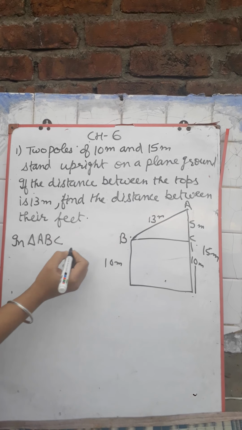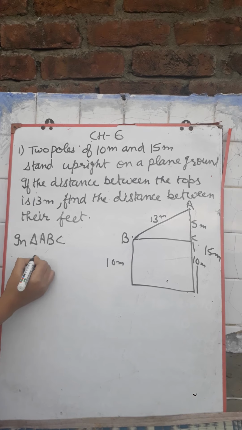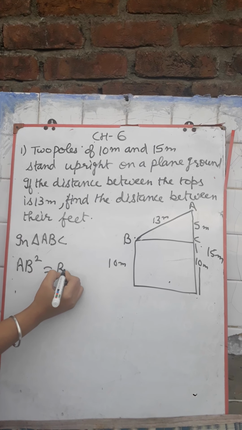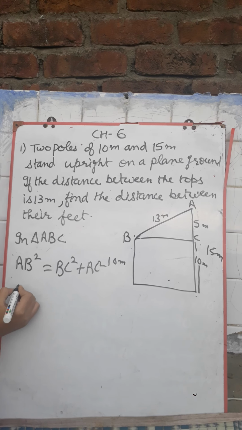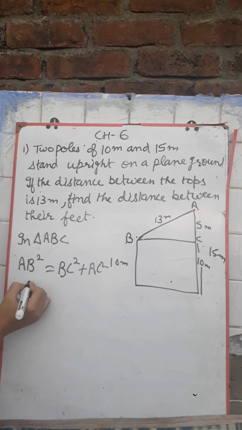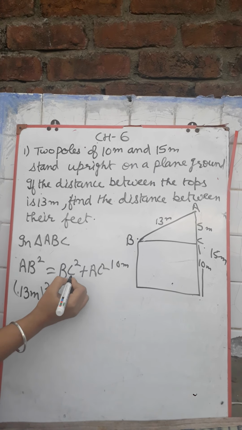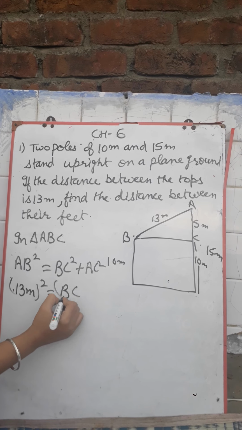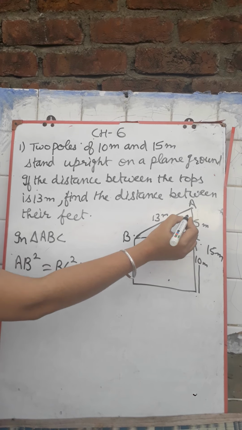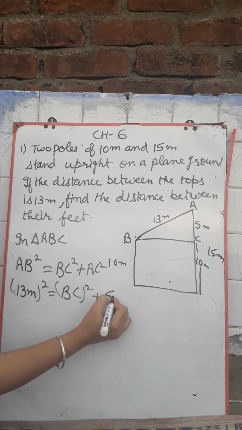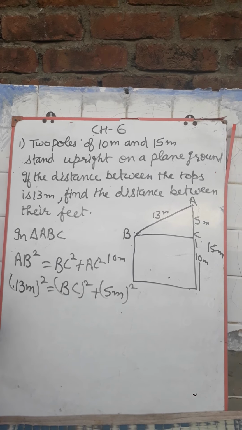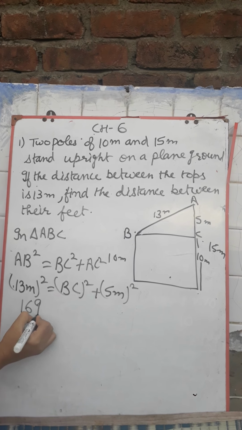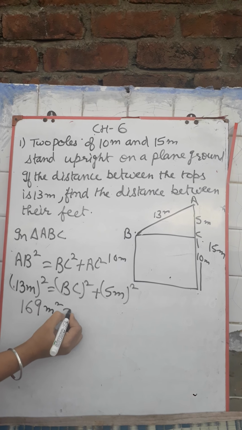Triangle ABC. AB square equal to BC square plus AC square. AB is 13 meter square equal to BC we have to find, and AC is 5 meter square. 13 into 13, 169 meter square.